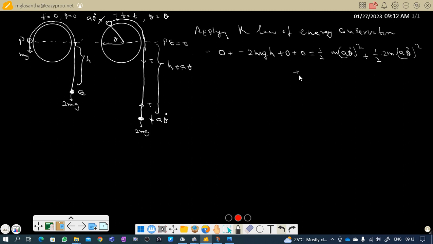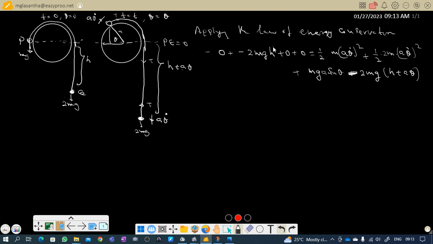What is the potential energy of particle P? This height is a sin theta, so mg a sin theta. That potential energy increases. The potential energy of particle Q is 2mg times h plus a theta, right?